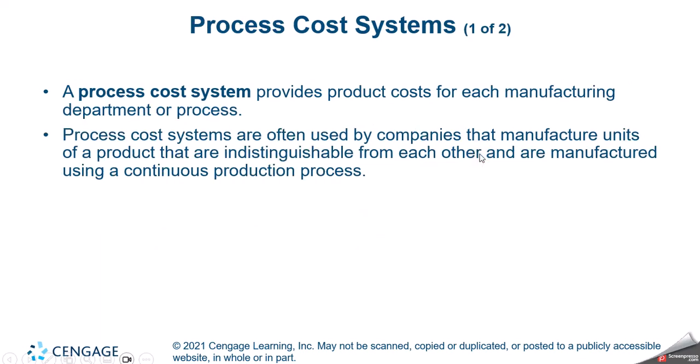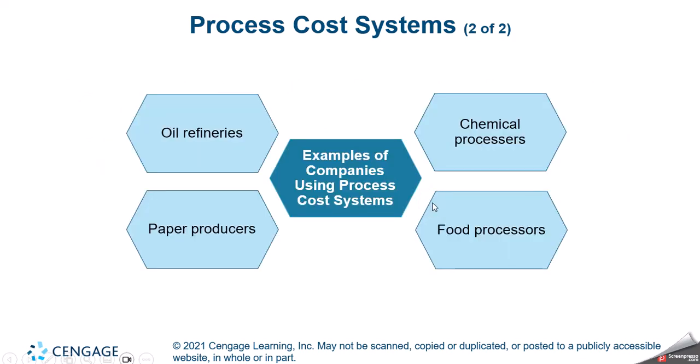In a process costing system, it's like we're making the exact same product over and over again. So like, let's say it's Coke and we're making Diet Coke. It's kind of impossible to distinguish those in the system as they're running through the different various departments or processes. So that'll be process costing.